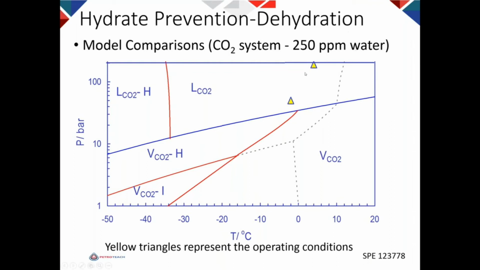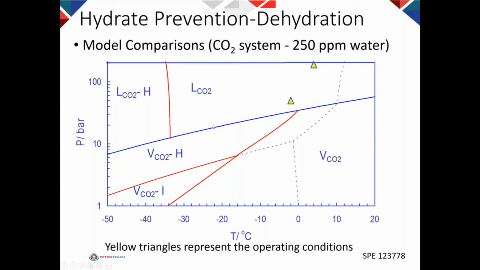This is a real case. A company approached us and said that they have this triangle operating condition, and they asked us if we have an operating condition like this, is there any risk of hydrate formation? And if you plot it, then you see that no, because this is outside the hydrate phase boundary for liquid CO2.